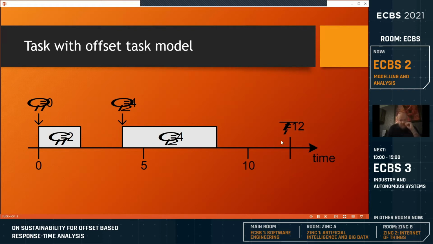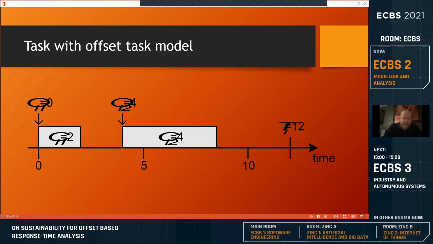They are grouped into what is called a transaction, and this transaction has a period of 12. And the traditional assumption is that all tasks are released simultaneously, but here it is not possible.